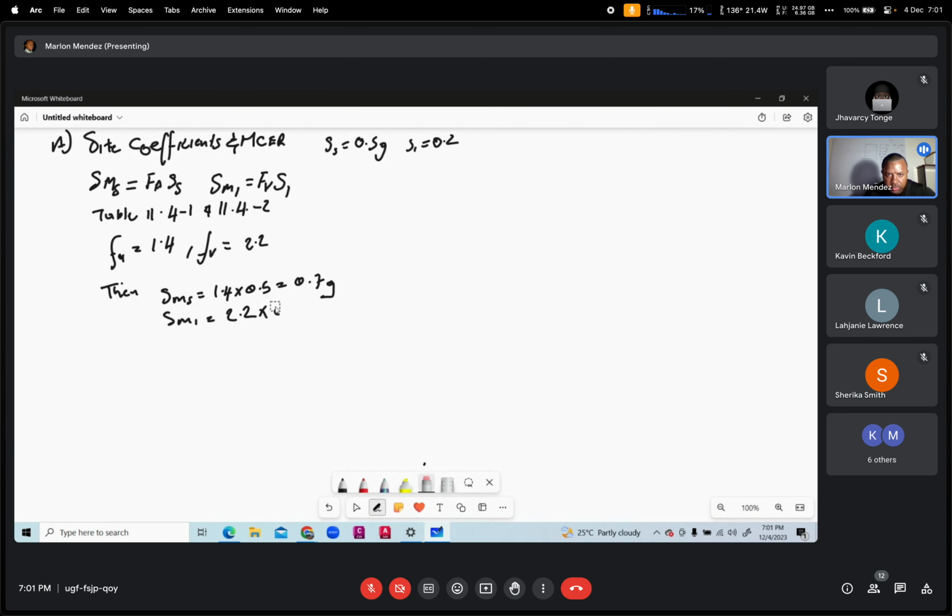So this is supposed to be 0.2, and this is equal to what? This is supposed to equal 0.44 G. Okay, 0.44 G. So this is supposed to be 0.44 G.